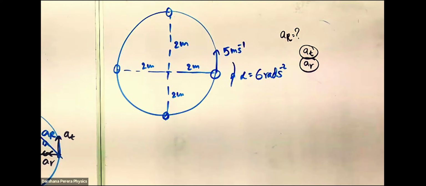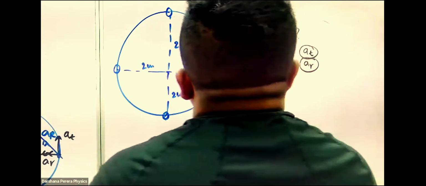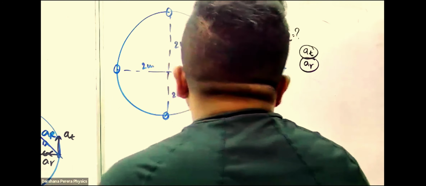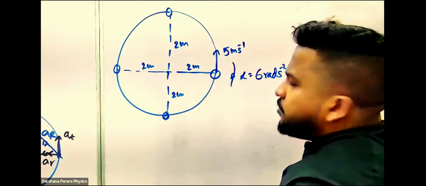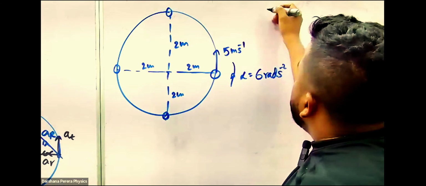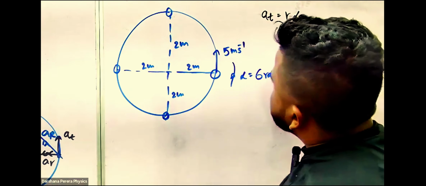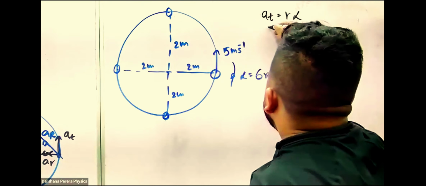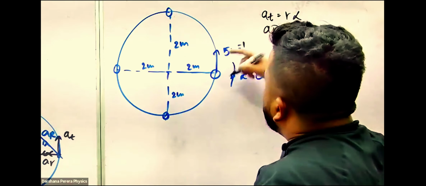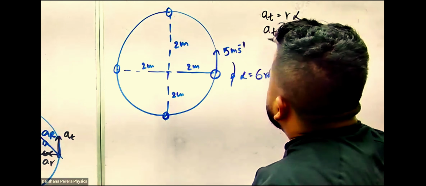First, we can find AT. We know AT equals R alpha. R is 2 meter, alpha is 6.